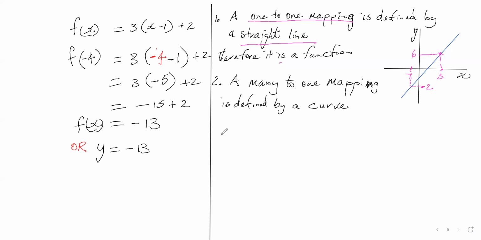So we're going to explain how it is defined by a curve. Therefore, and I'm going to explain this part, it's also a function, but I need to show you it first.